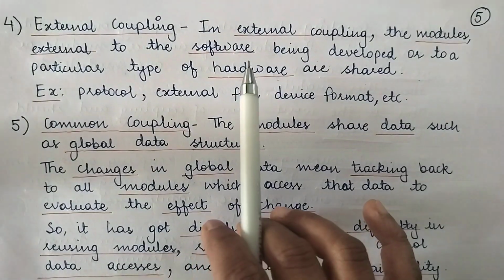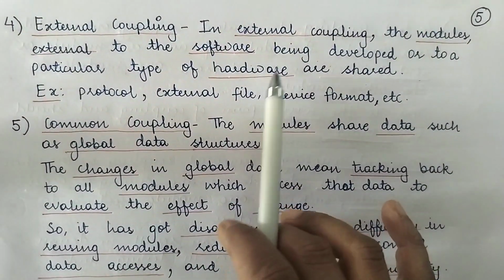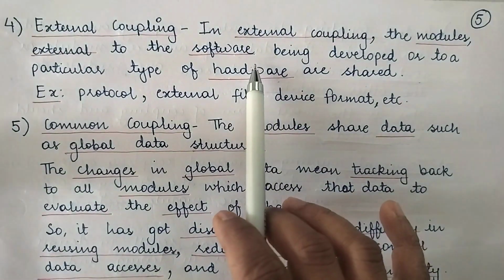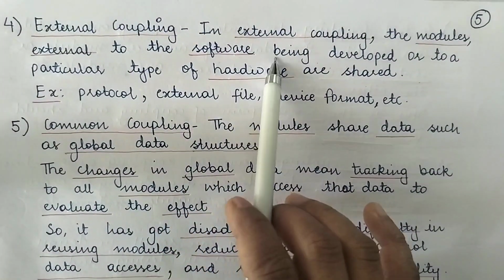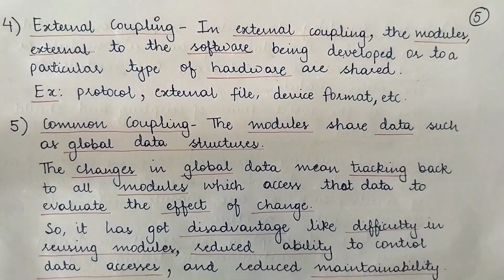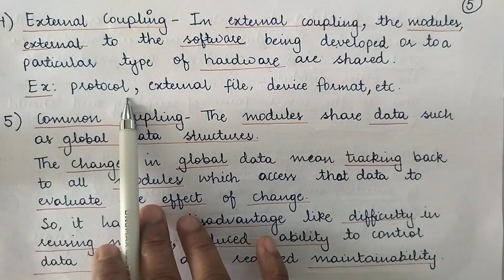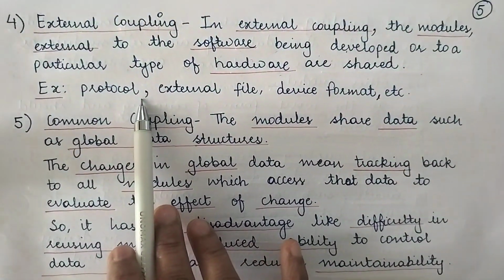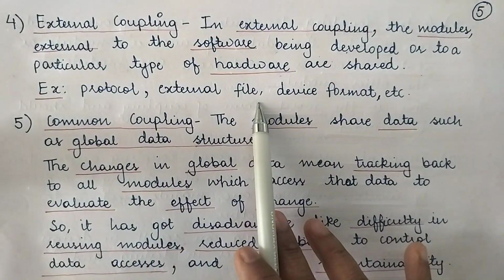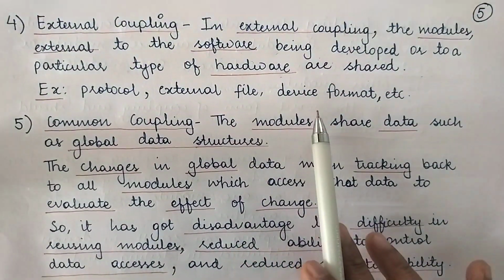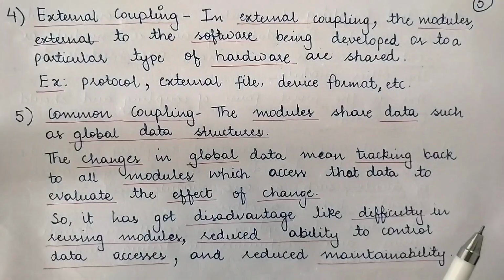But there may be some modules which exist outside the software, and they may be needed at times. So in external coupling, such modules which are external to the software being developed are shared. Examples include certain protocols which can be common to more than one software, external files which can be common to more than one software, or device format, etc.